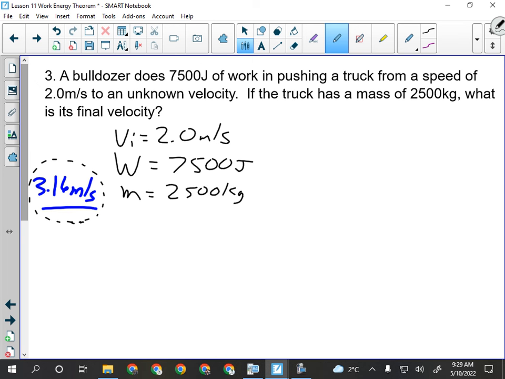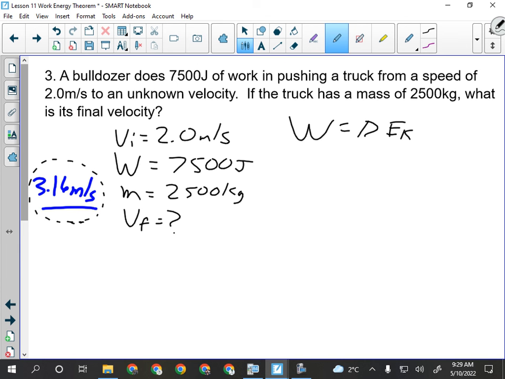Okay. What are we looking for? Vf. Okay. So what kind of energy is changing in this question? Kinetic. Yeah, change in speed. So the work is changing the kinetic energy of the truck.